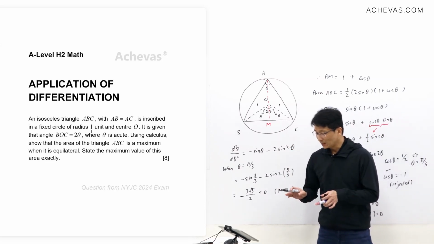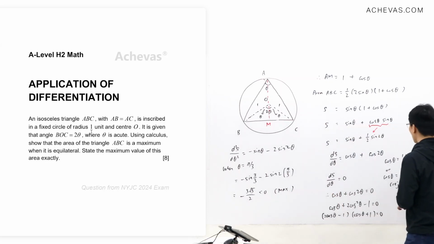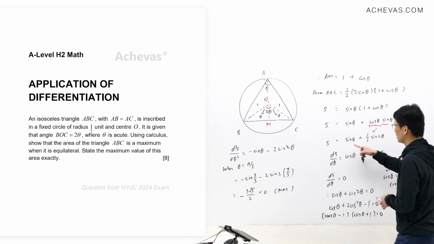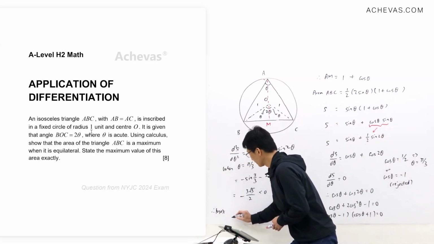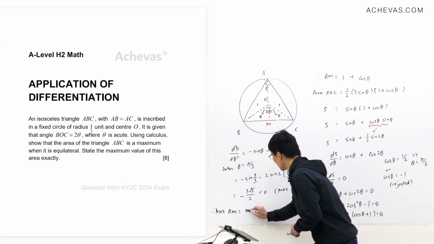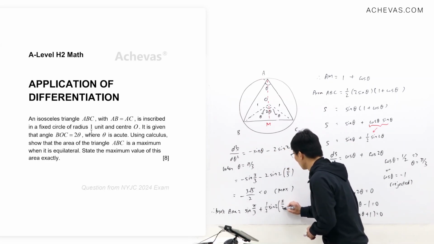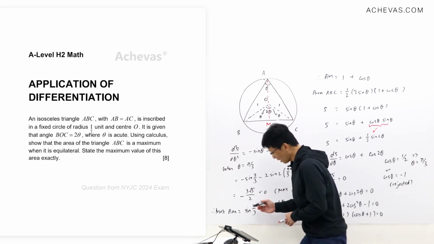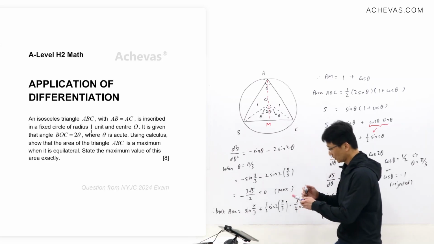Once we prove that it's a maximum, we sub this value back into here to find our final maximum area. So therefore, the maximum area will be equal to sine pi over 3 plus half sine 2 pi over 3. Evaluating this, I get 3/4 square root 3.